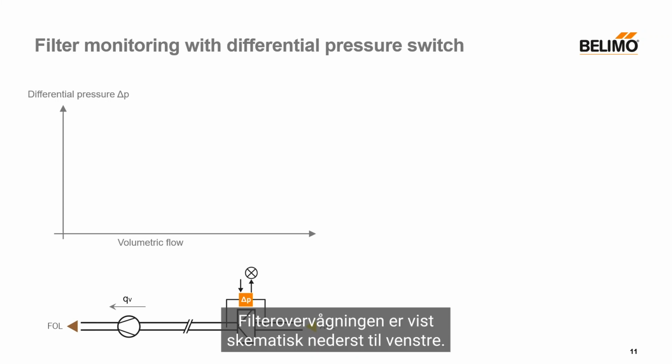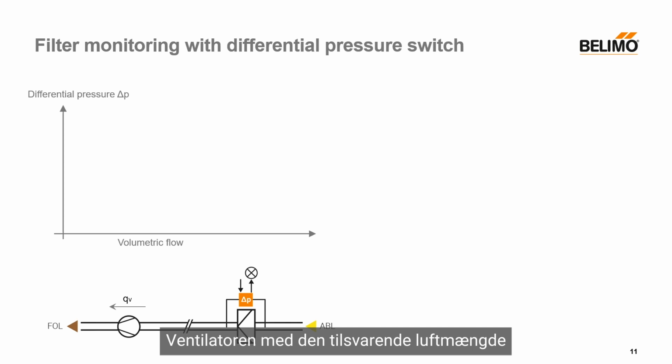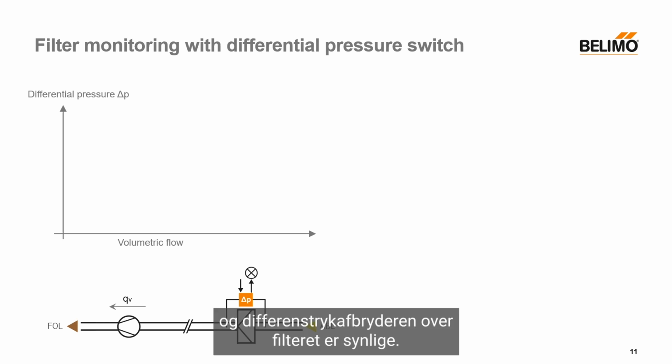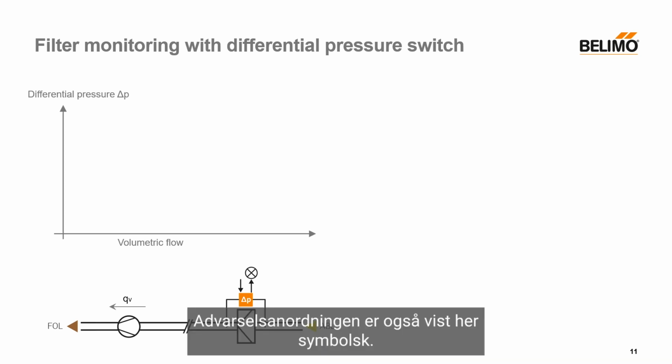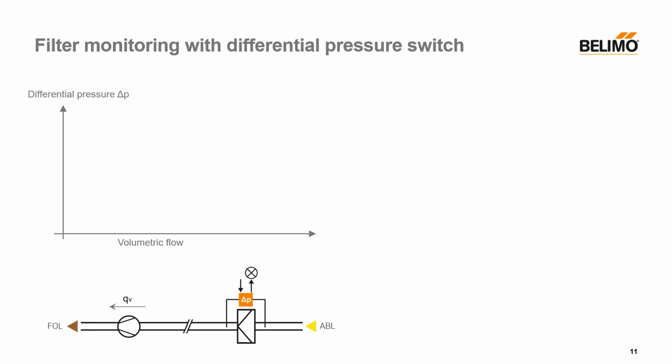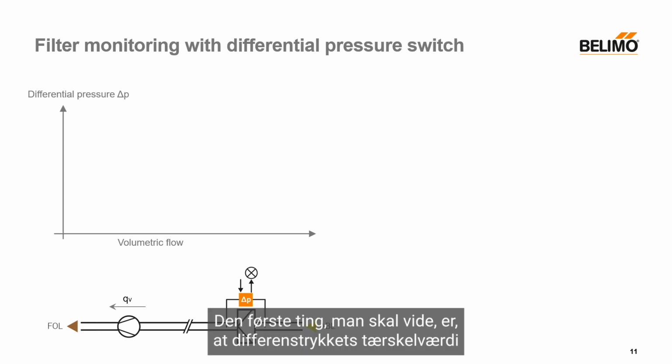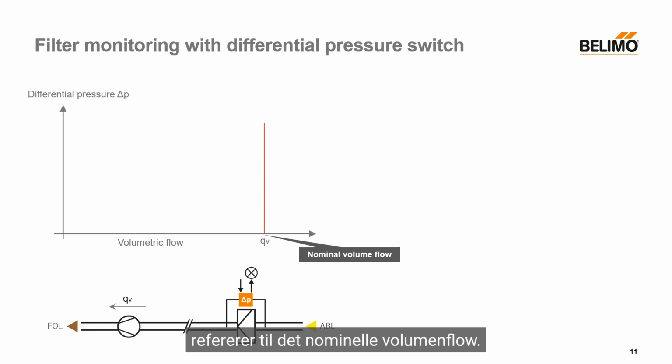The filter monitoring is shown schematically on the bottom left. The ventilator with the corresponding air volume flow and the differential pressure switch above the filter are visible. The warning device is also shown here symbolically. The first thing to know is that the differential pressure threshold value refers to the nominal volume flow.